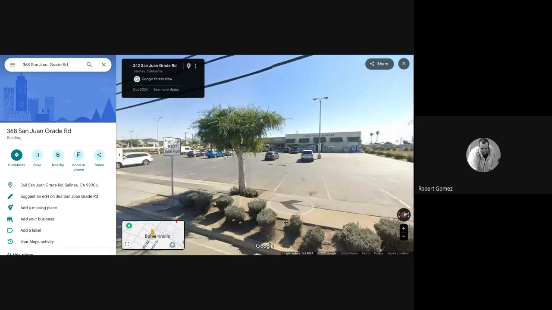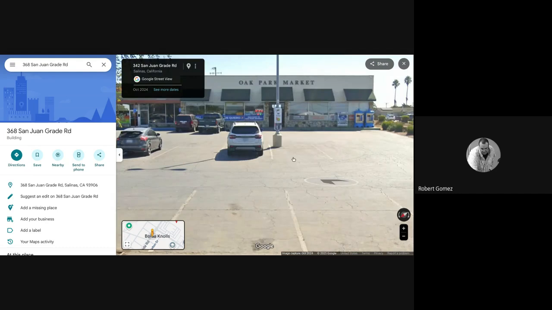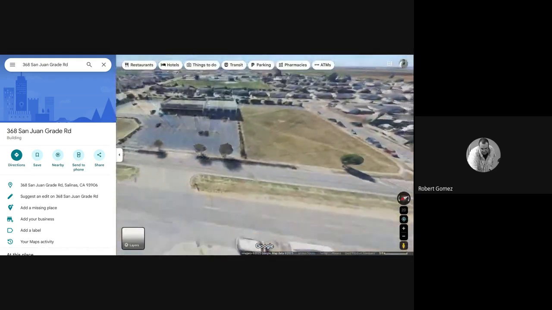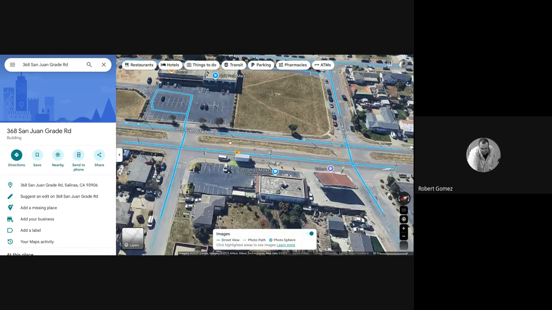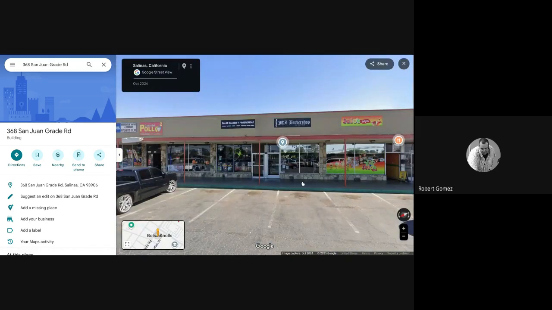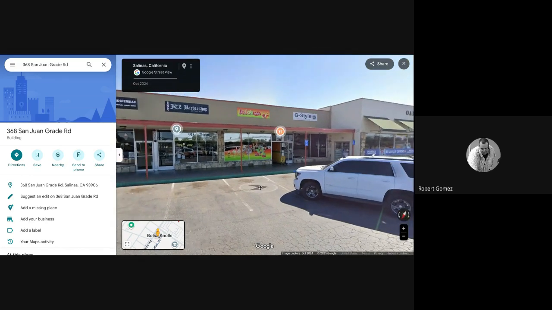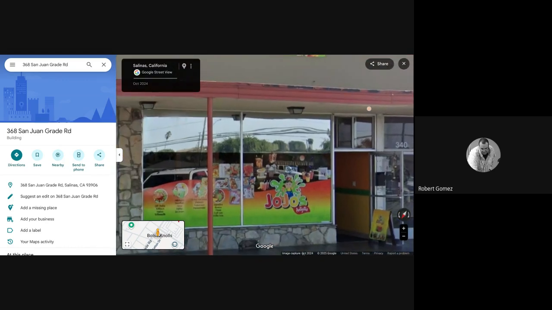I always forget there's like a small market here, because this shopping center is like just kind of in the middle of nowhere almost, right? Because it's just kind of a weird place. Oh yeah, there's the market.